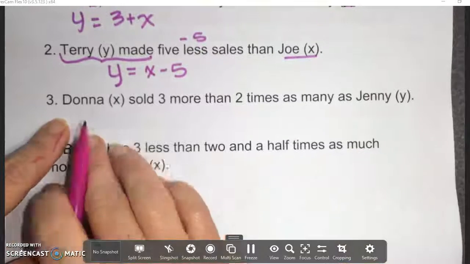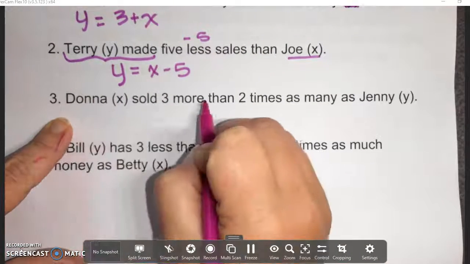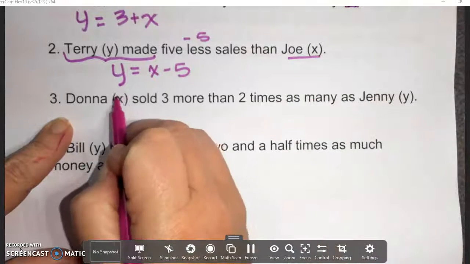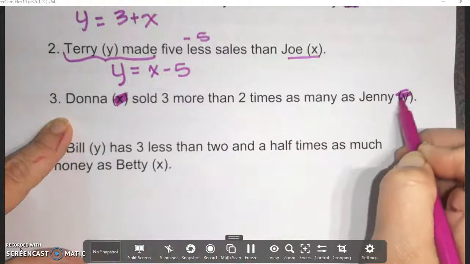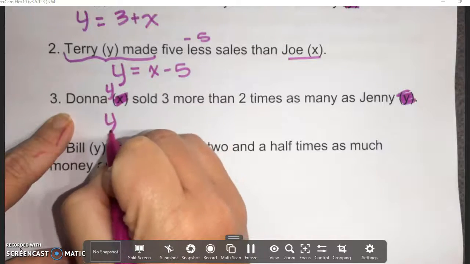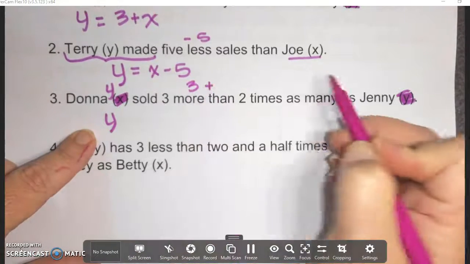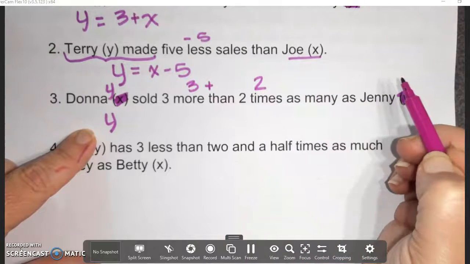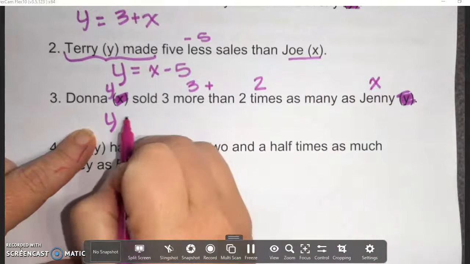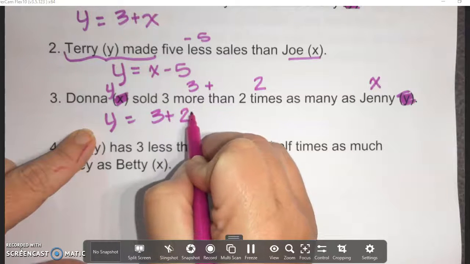Okay. Donna sold 3 more than 2 times as many as Jenny. Sorry, this shouldn't be this way. We would set Donna as our Y. So Y sold 3 more, so we added 3, 2 times as many as Jenny, who is our X. 3 more than 2 times as many as Jenny.